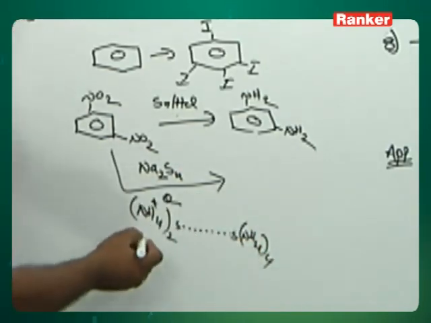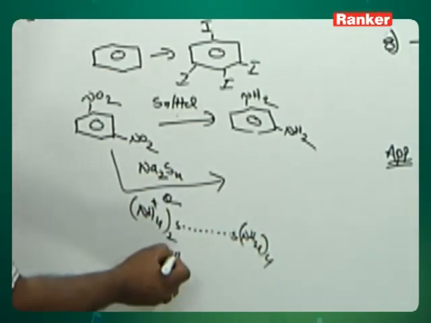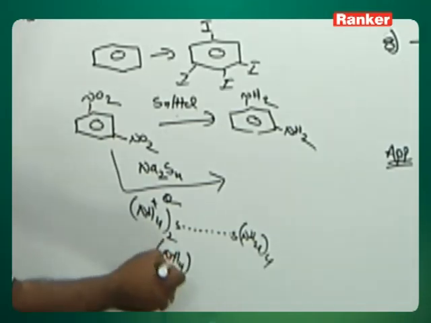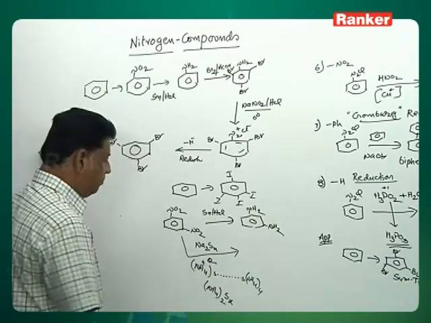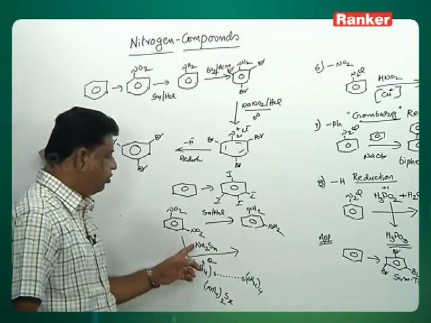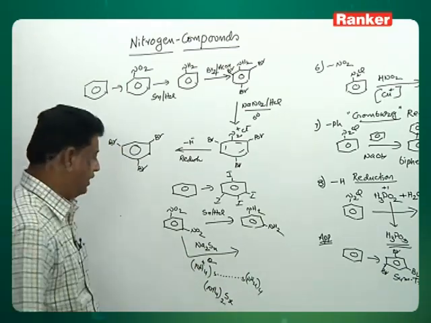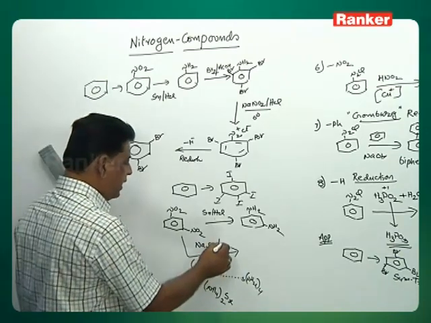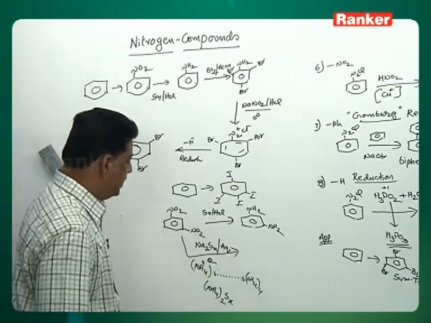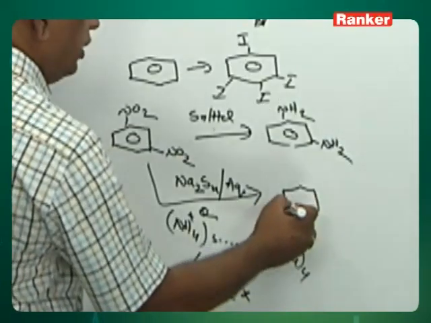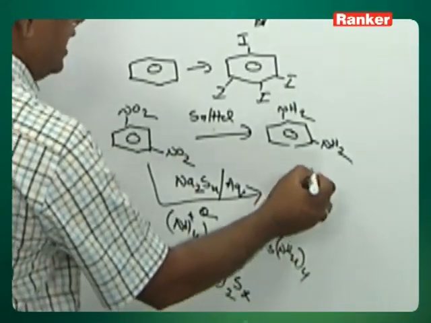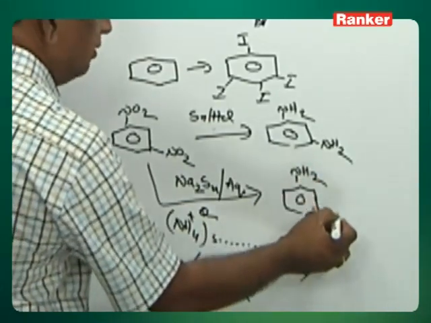This type of compound may be represented as ammonium polysulfide, (NH4)2Sx or Sn, or sodium polysulfide. In the presence of water, aqueous solutions must be taken, otherwise they are not reduced. The aqueous solutions reduce one of the nitro groups into an amino group. The other will be protected.